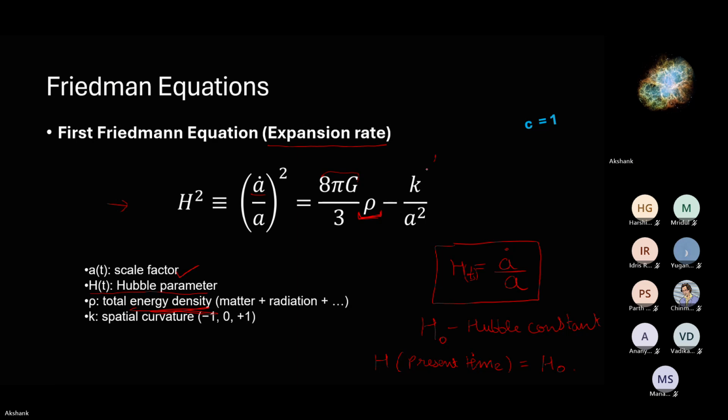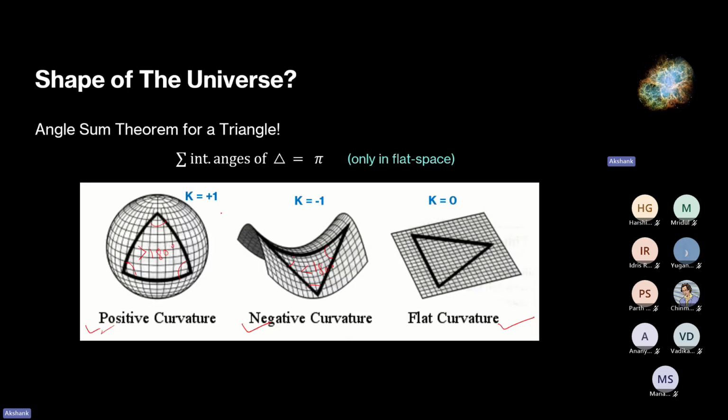Then what is the curvature of space? This comes here in this last term, k by a squared. As I showed you earlier, for a positive curvature, k is assumed to be 1. For negative curvature, k is assumed to be -1, sorry, and for a flat curvature, k is 0.